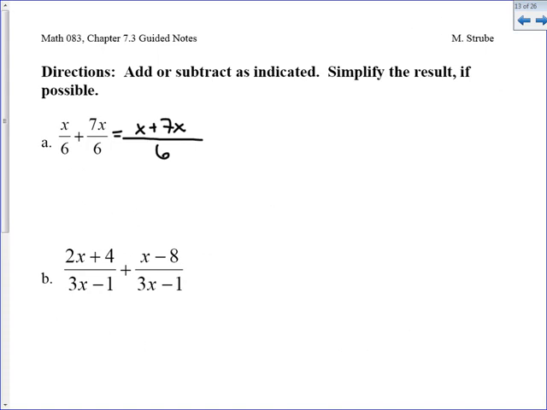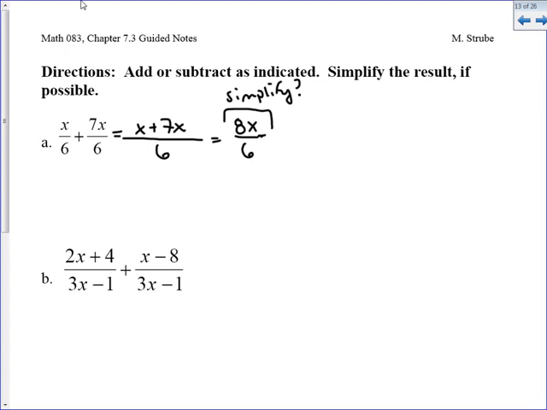Just like with the numerical example, the only part you touch is the numerators. They should have a common denominator. You keep that. And then you simplify the numerator if you can. So x plus 7x is 8x over 6. You could certainly skip that middle step there, writing that out. And now we've got to go back to 7.1 and see if we can simplify our answer.